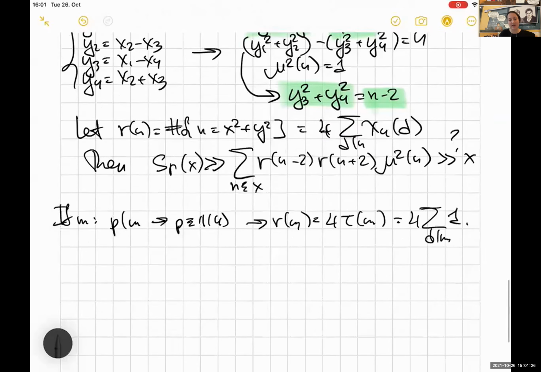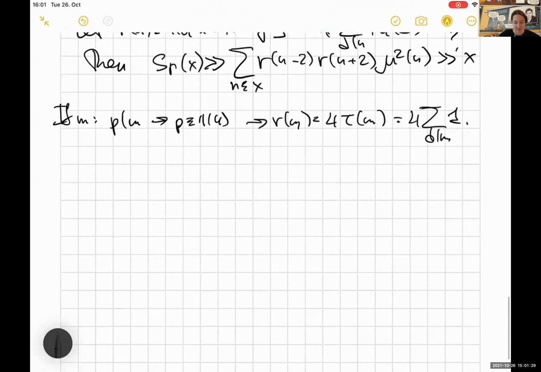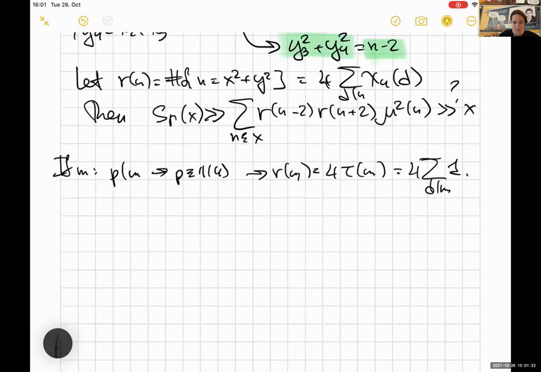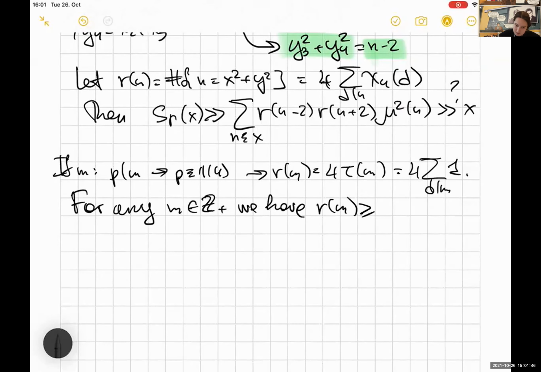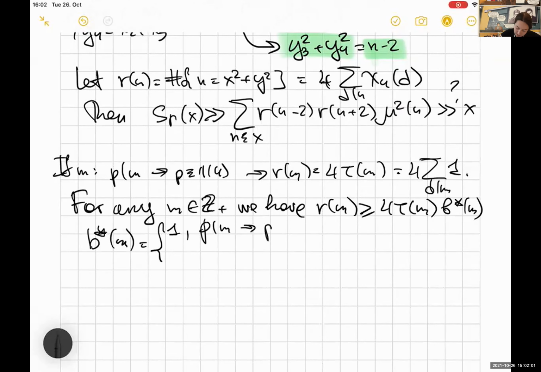Okay, and since we are in the lower bound, our life is just much easier. So what we are going to say is that for any positive integer m in Z plus, we have that r of m is bounded from below by 4 times tau of m times b star of m, where b star is 1 if p divides m implies that p is equal to 1 mod 4, and 0 otherwise.